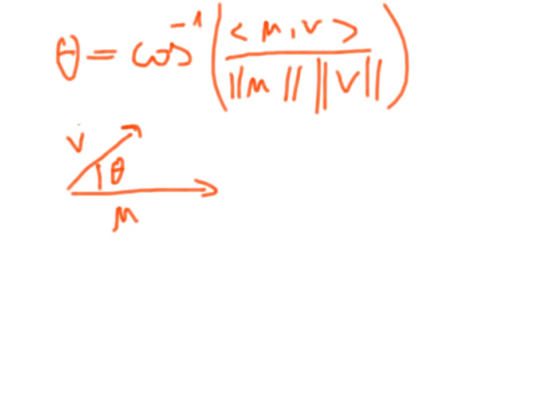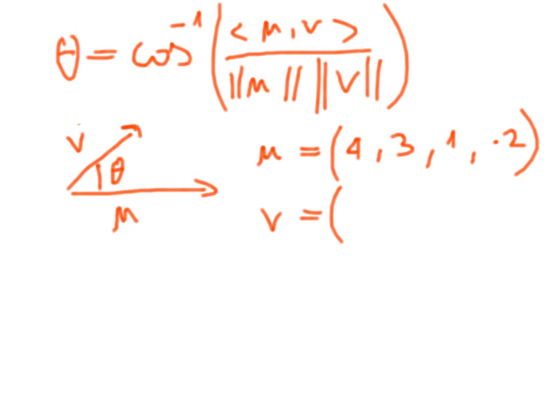So what happens if I tell you that u is a vector, like in the example, with components 4, 3, 1, minus 2, and v is a vector with components minus 2, 1, 2, 3? If I ask you what the angle between these two vectors is, you know how to compute this.